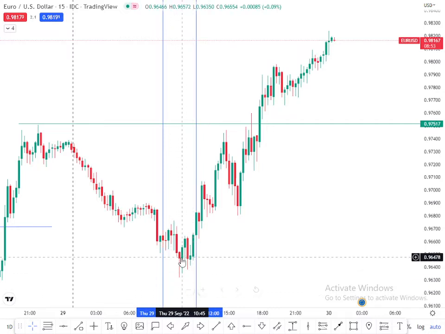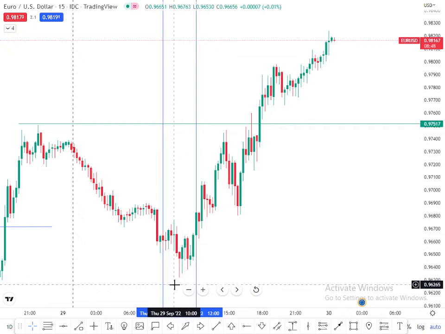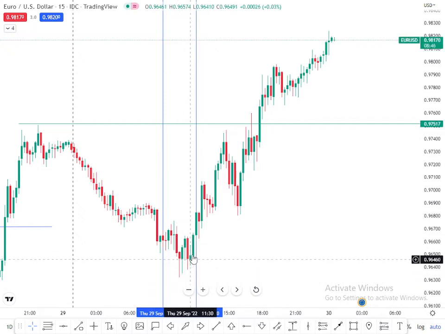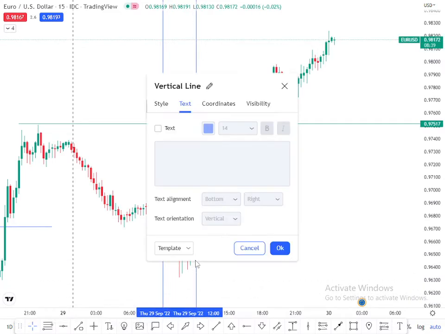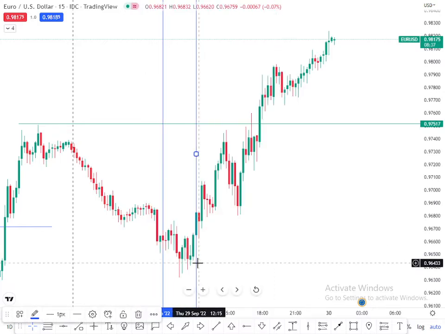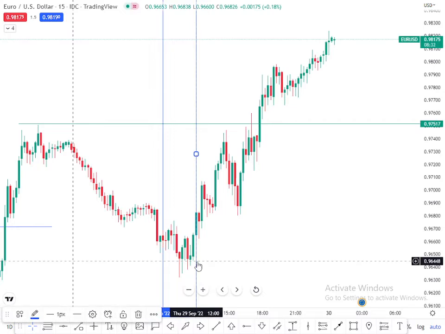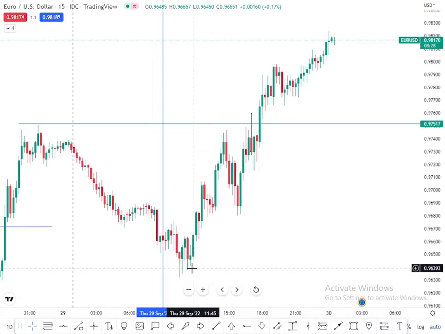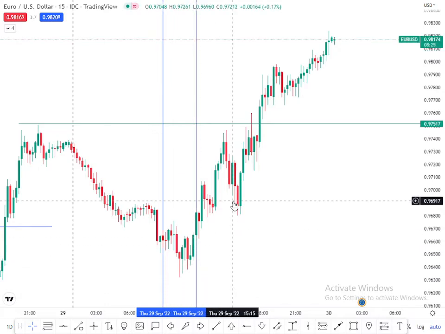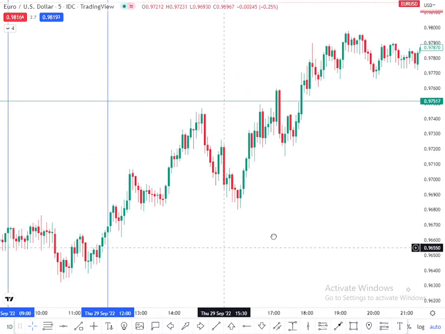So if you were able to identify using the SMT, you would have based your entry on that, all right? And if you were to use another criteria, let's drop to a much lower time frame in terms of getting an entry, right?